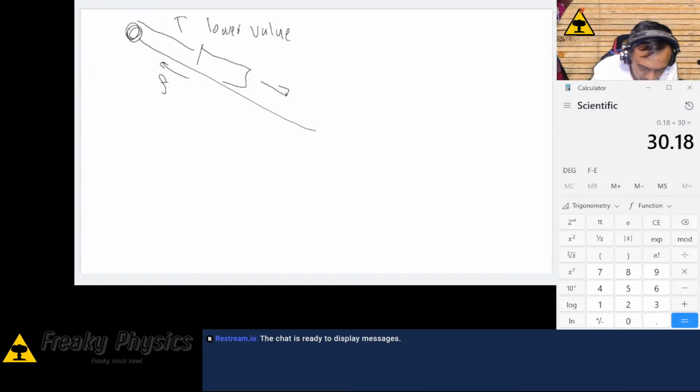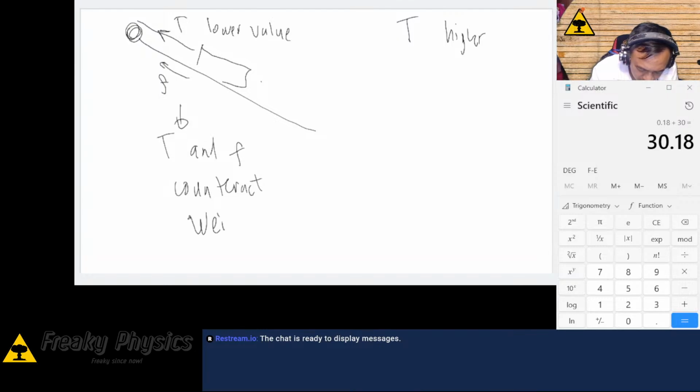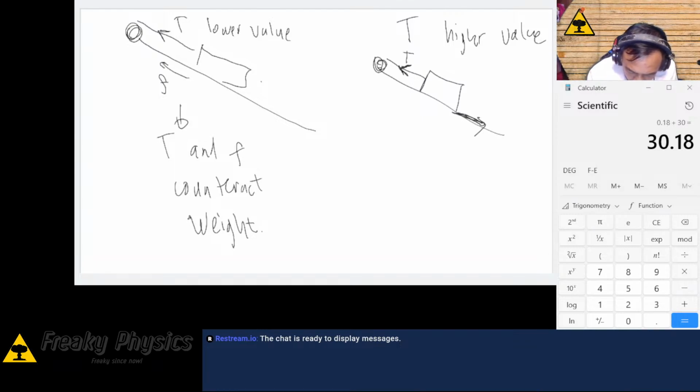If T is the higher value, this means that T and F counteract the weight, right? How would that look in the problem? That's your pulley, and that's your object. The tension is still going this way, but this time the friction is going that way.